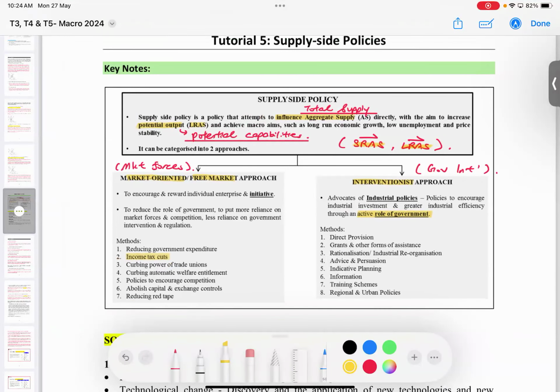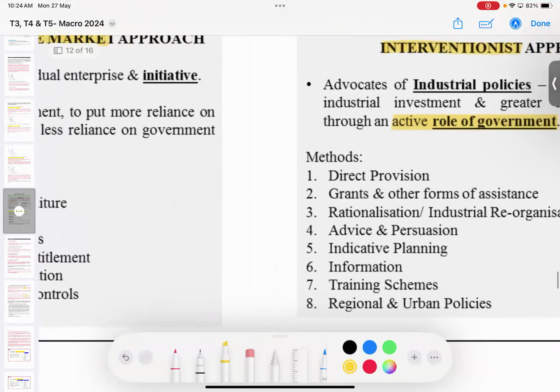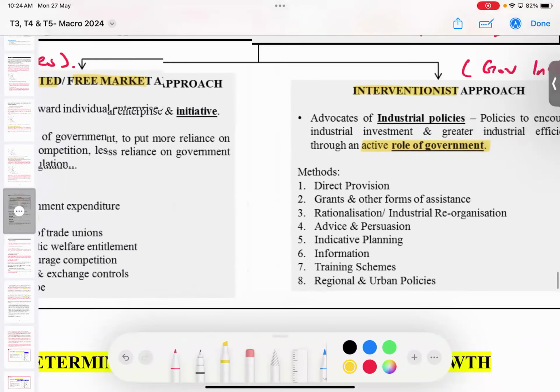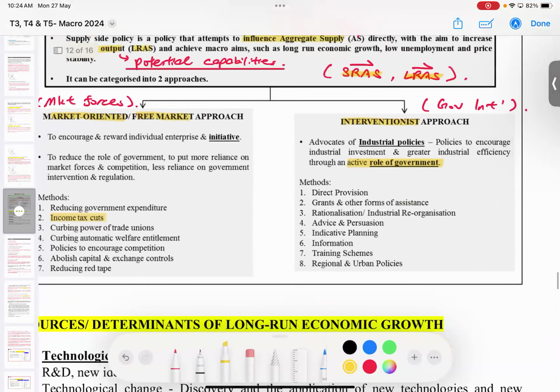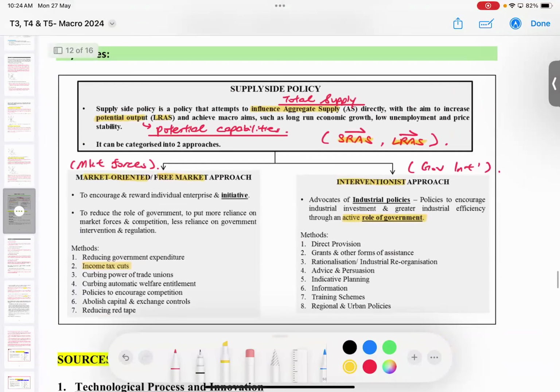So you can see all the methods that I've listed here are instruments, examples of the market-oriented and interventionist approaches. But we can summarize everything in a very simple way. Remember in tutorial 1, we learned there are a few ways to increase long-run economic growth. Remember the mind map that we drew in the first tutorial?